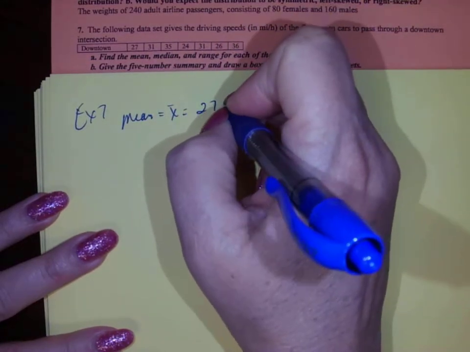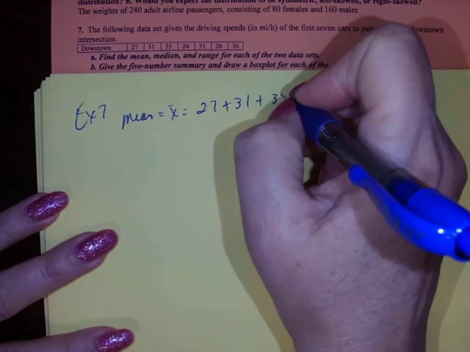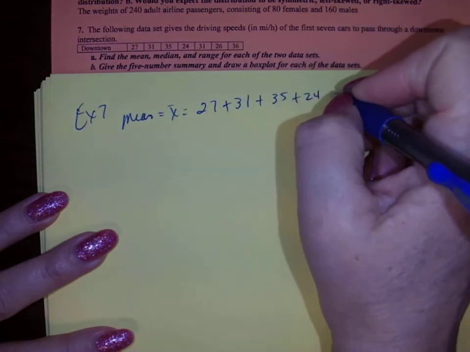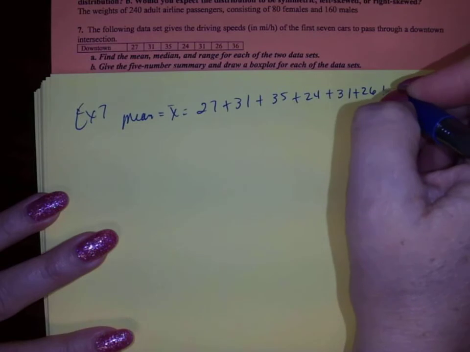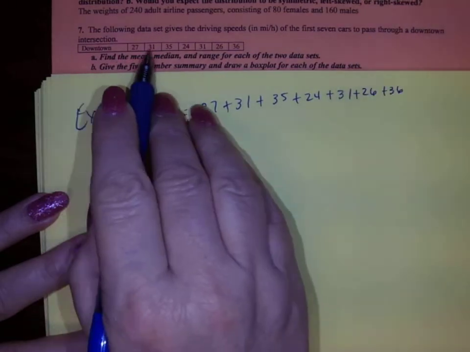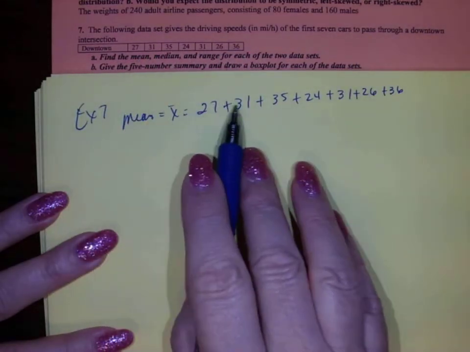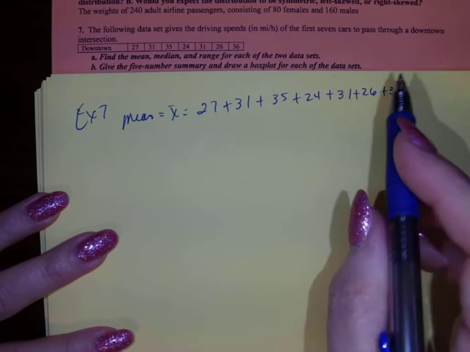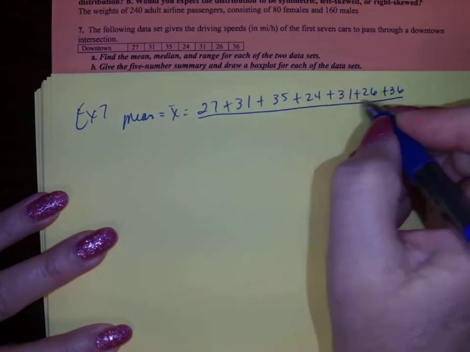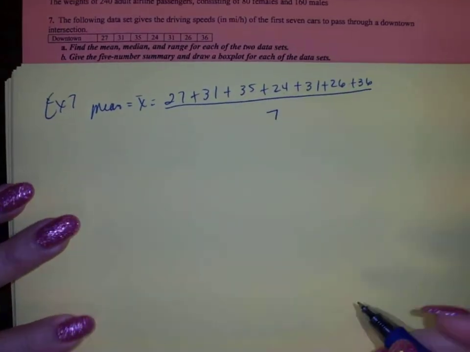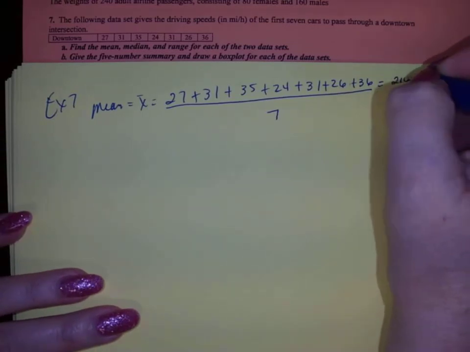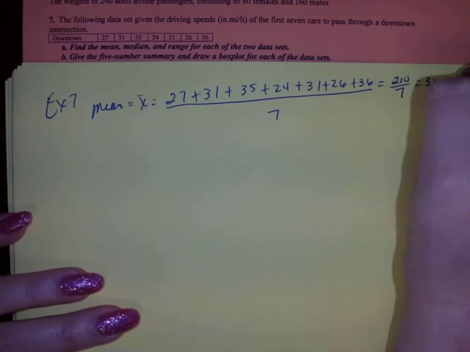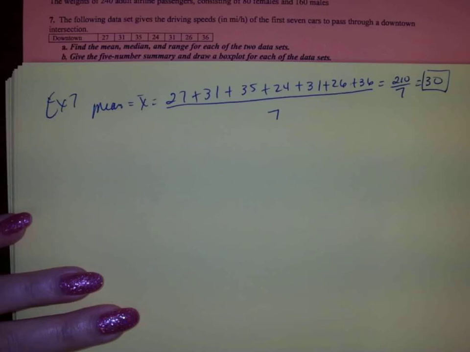We have 27 plus 31 plus 35 plus 24 plus 31 plus 26 plus 36. 1, 2, 3, 4, 5, 6, 7. Made sure I put all of my data points in there. So I have 7 terms. When I add all of that together, I get 210 divided by 7 gets me a mean of 30.